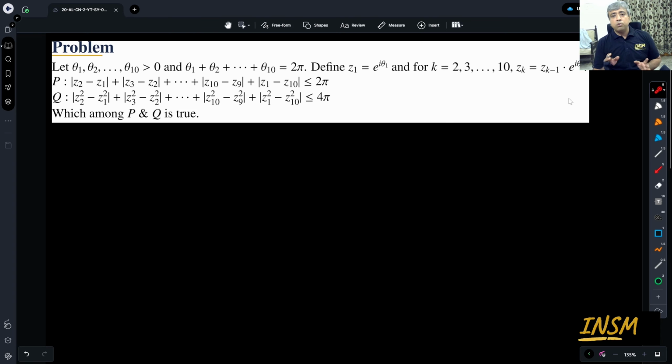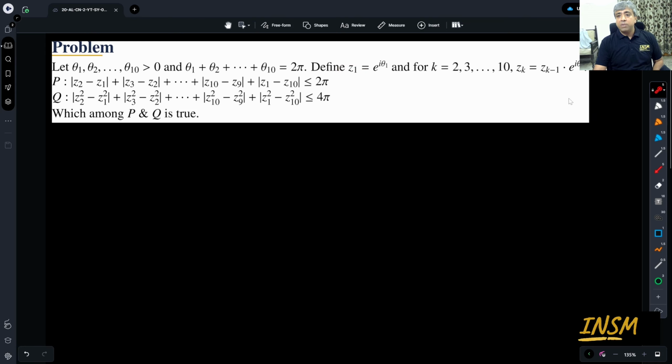Now, if we try to approach this problem algebraically, you may get involved in lengthy calculations and a messy setup. But if you see this problem geometrically, this is more or less roughly an easy problem. Because it has given you z1 as e to the power i theta 1, so its mod is 1.